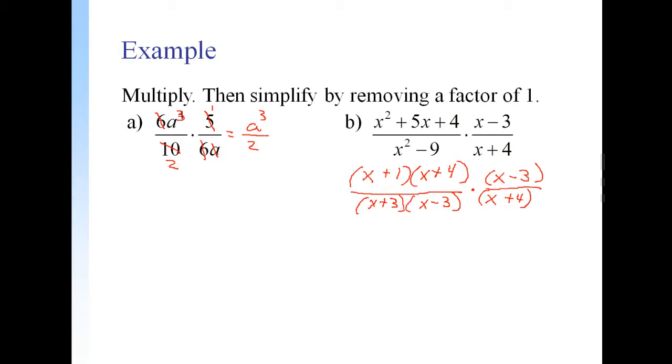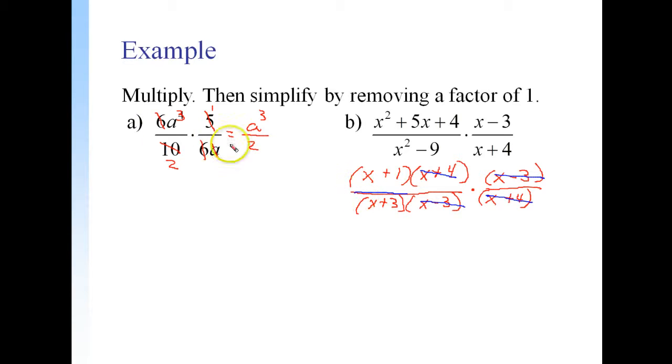And now what you do is you look around to see what can I cancel out. Well, the x plus 4s, the x minus 3, and then we're just left with that as the answer.